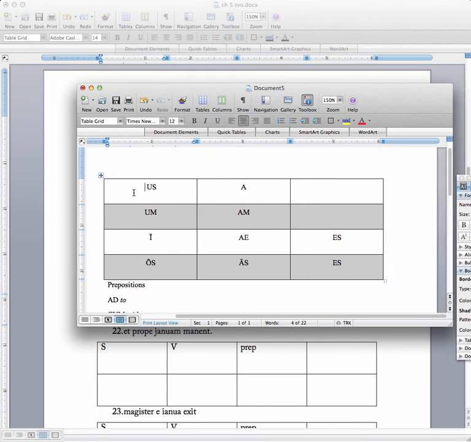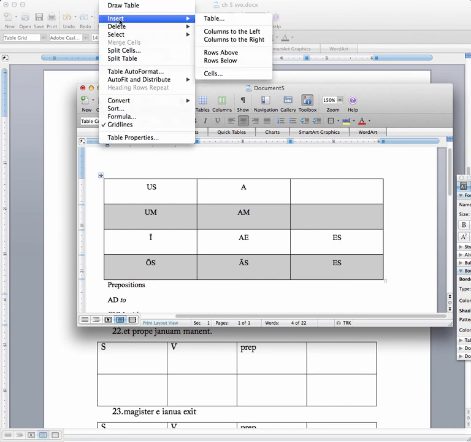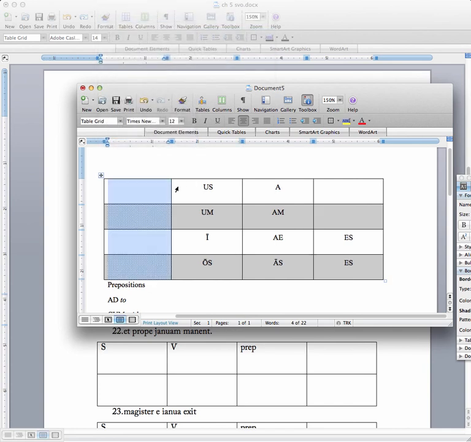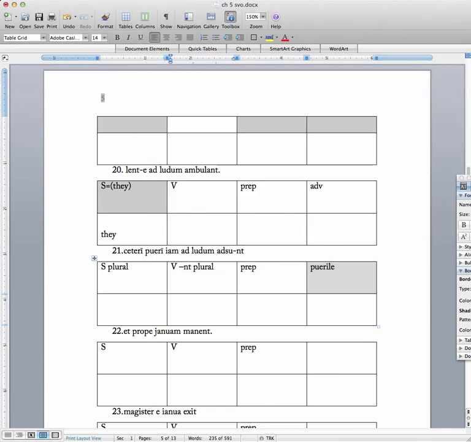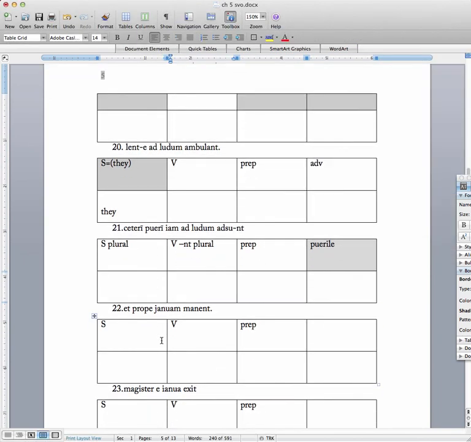Okay, so let's see if I can. Okay, so this is nominative singular, accusative singular, nominative plural, accusative plural. Okay. So you need to choose one from this row to match it up. Okay.